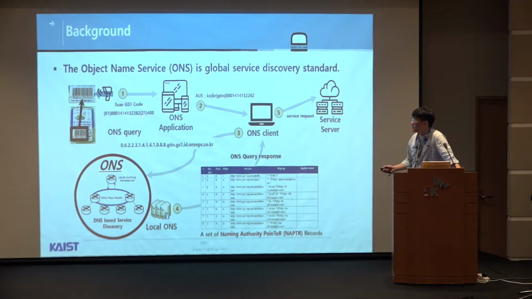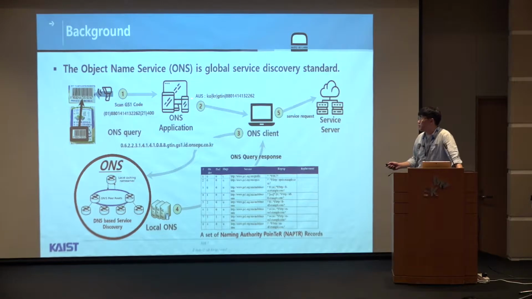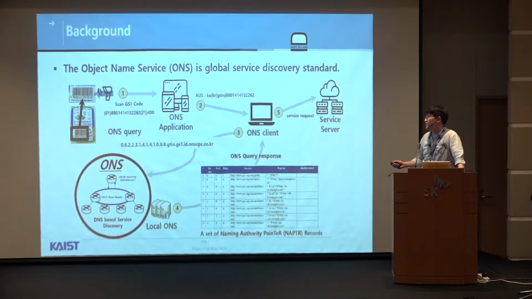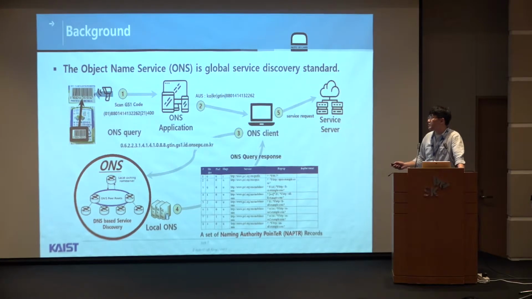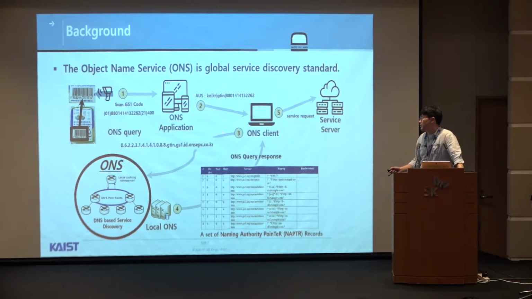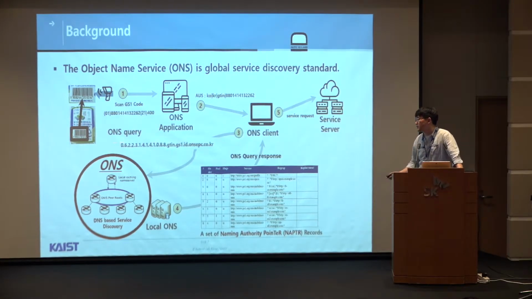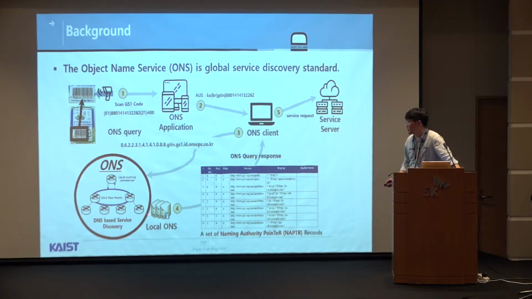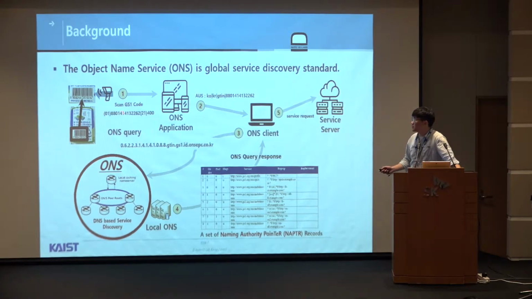When the ONS application gets this GS1 code, it converts it to an application unique string, and the ONS client makes the DNS query, this FQDN, to discover the local ONS that stores the service of this product.